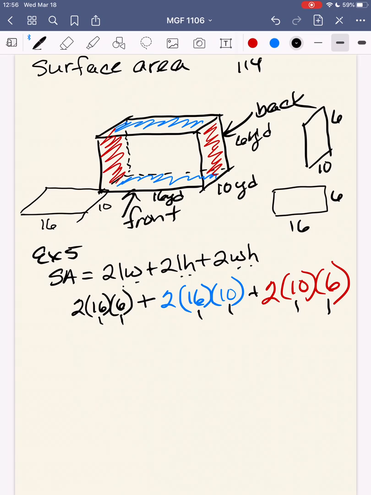Now I just go ahead and do all the multiplication. So my first piece here, my 2 and 10 and 6, it's going to be 120. My 2 times 10 times 16 gives me 320. And my 2 times, whoops, did I mess up here? 2 times 6 times 16, oh, this one is 192, sorry.